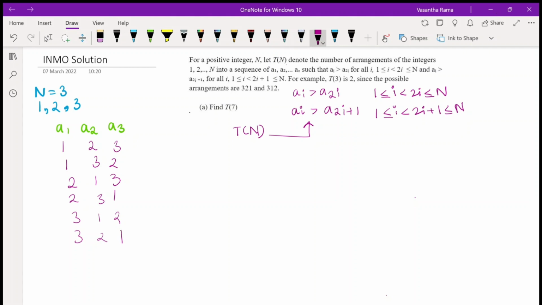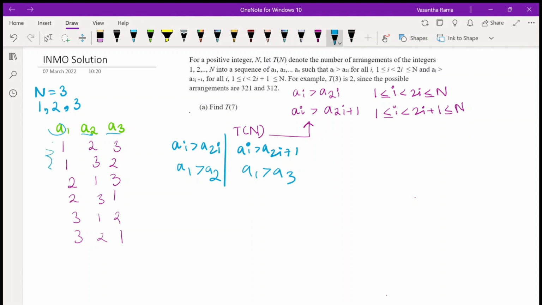Now let us take a look at the conditions. The conditions are ai should be greater than a2i and ai should be greater than a2i plus 1. Let i be equal to 1. In that case, a1 would be greater than a2 and a1 would be greater than a3. So these arrangements should satisfy that a1 should be greater than a2 and a3.